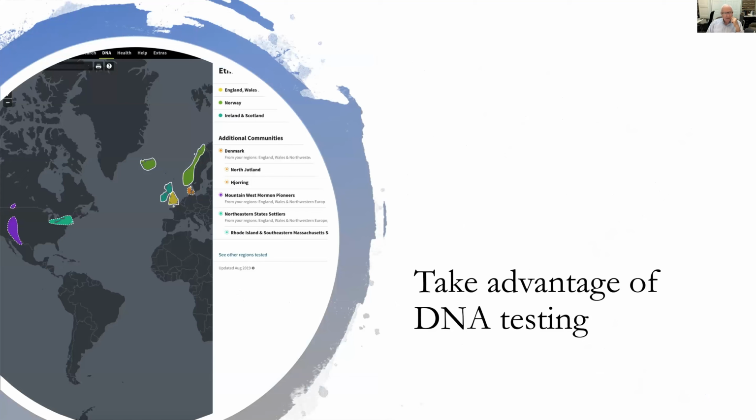This is a screenshot of some of my relationships. It turns out that they, unsurprisingly, found that I came from the United States and the British Isles, Denmark, and they threw in Sweden and Iceland. That's interesting because I've never traced any ancestors back to Norway or to Iceland, nor Sweden.